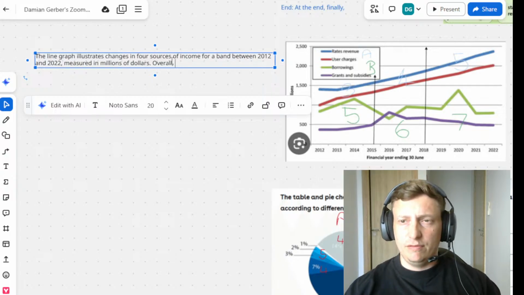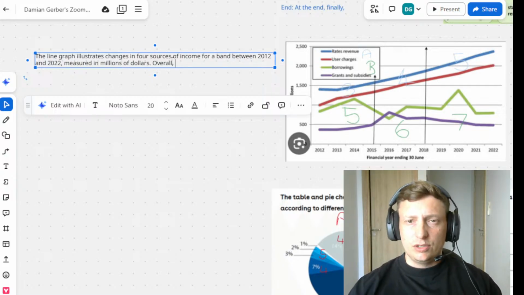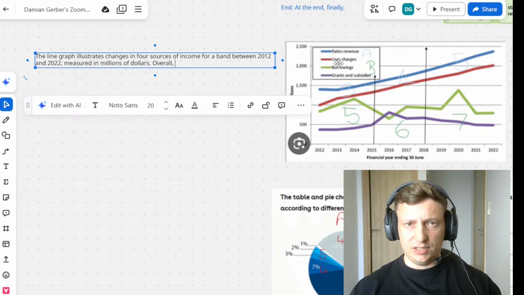We want to give our overview. So what is the general trend that's happening? So as we planned this last time, we put the red and blue lines together, rates, revenue, and user charges. So we're going to write that in our overview in the same way. So what did these do? They steadily rose throughout the period. So let's just do that.